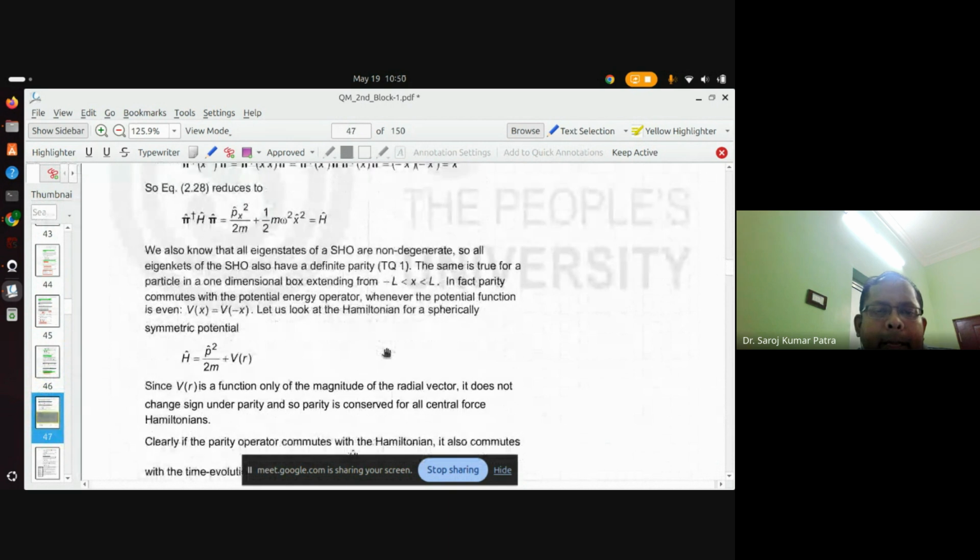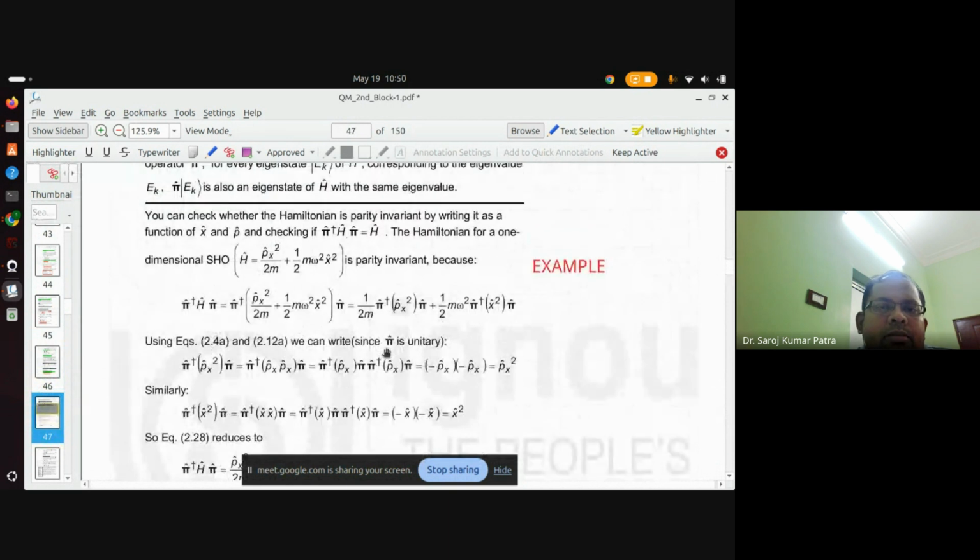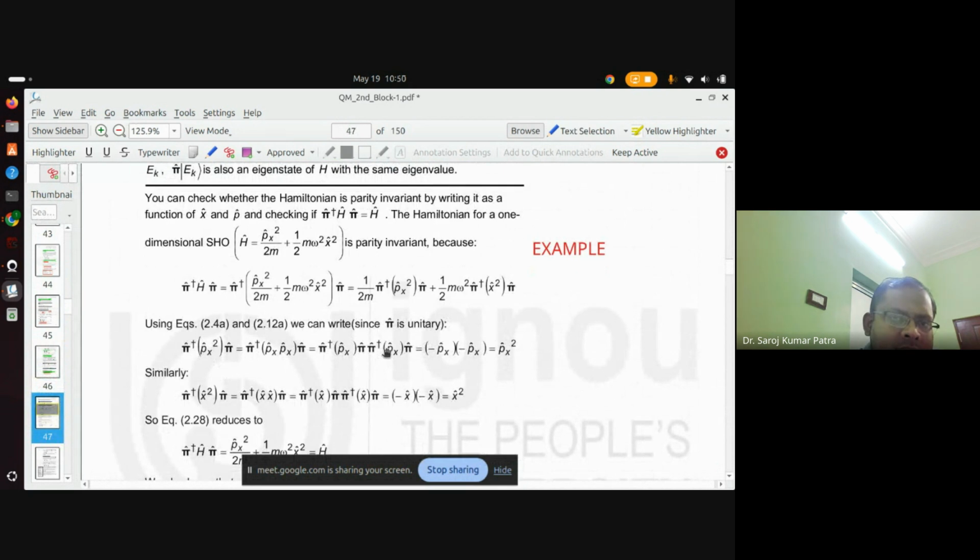Clear? How is it happening? For the simple harmonic oscillator, you can check, or a question can be asked, whether the Hamiltonian for the one-dimensional simple harmonic oscillator is parity invariant or not. Is this clear to all of you?